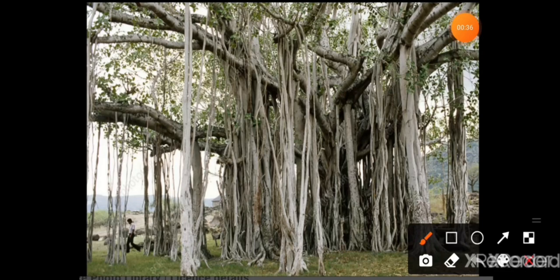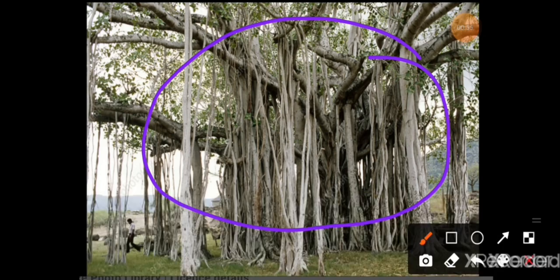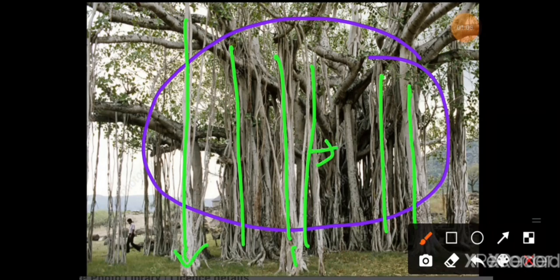Okay, you can see this is the big banyan tree, and it has a root system which grows under the ground, but you can see here it also has roots that arise from its branches and grow downwards towards the ground. These roots are called the aerial roots.